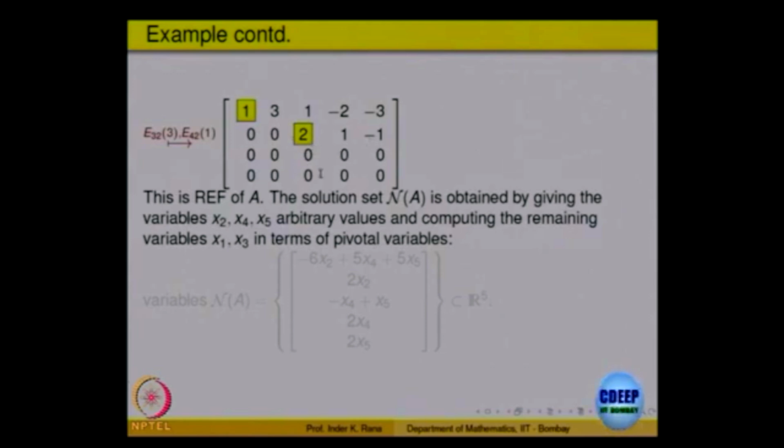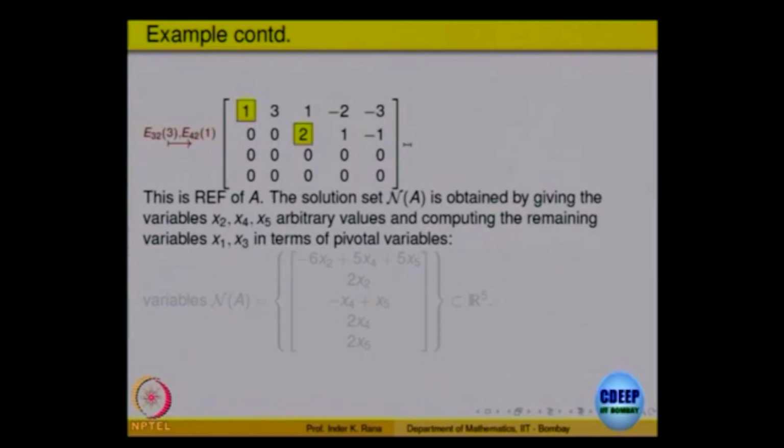Rank is equal to 2. What is n? Equal to 5. So how many independent variables are there? Remember now, solving the equations: if n is the number of variables and r is the rank, then the number of independent variables which get arbitrary values is n minus r.